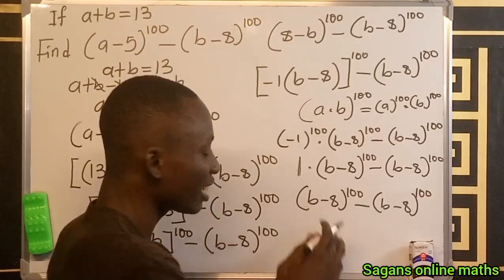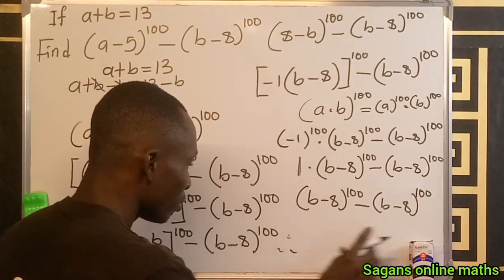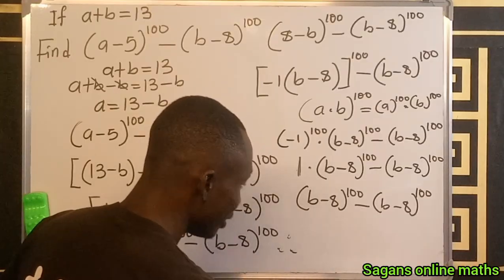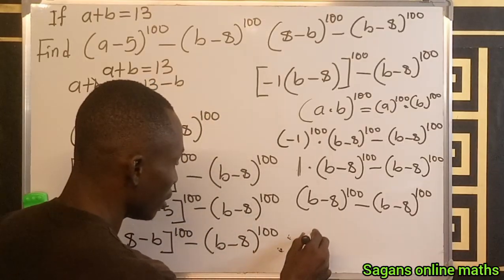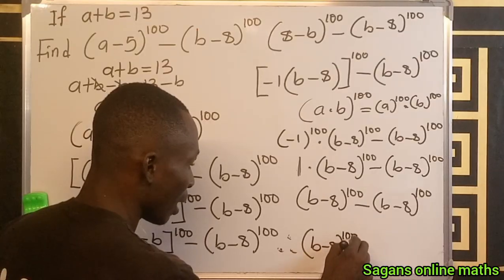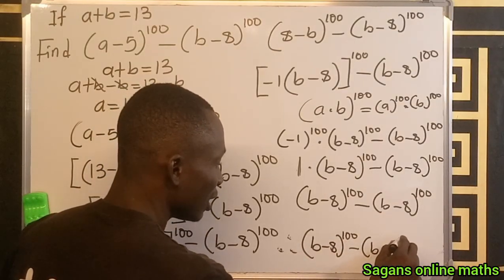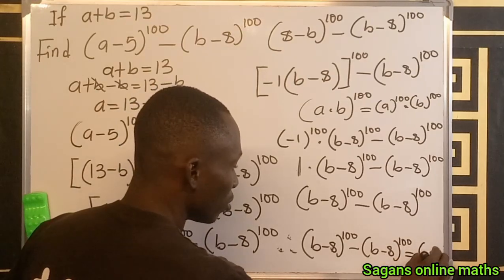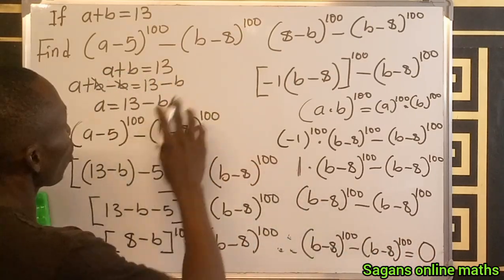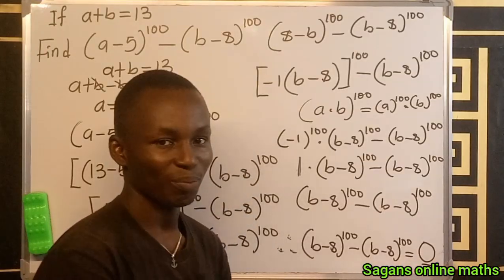So it means that all this is now 0. Therefore, (b - 8)^100 minus (b - 8)^100 is equal to 0. So all this you are seeing is just zero. This is the answer. Beautiful solution.